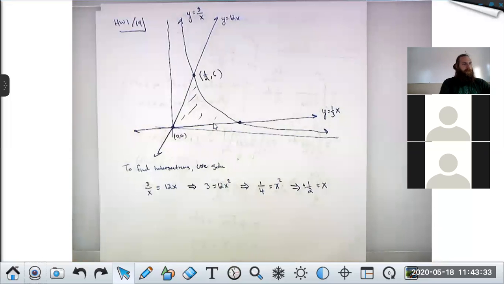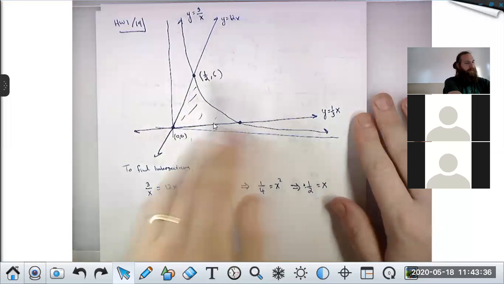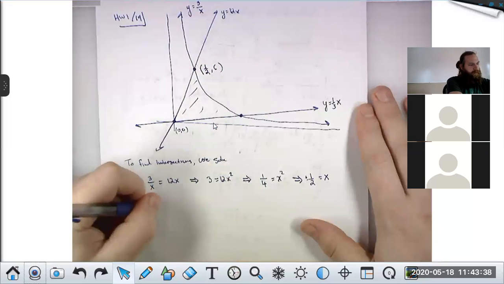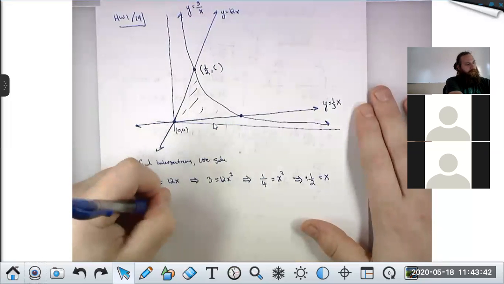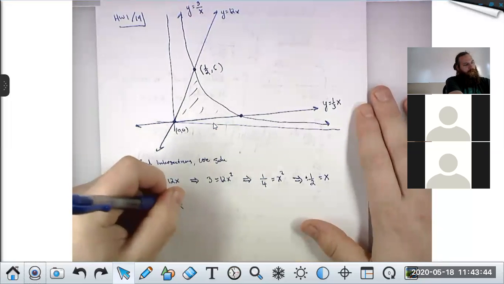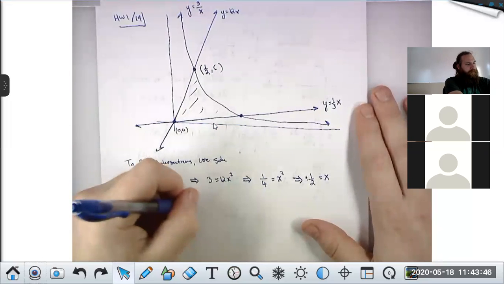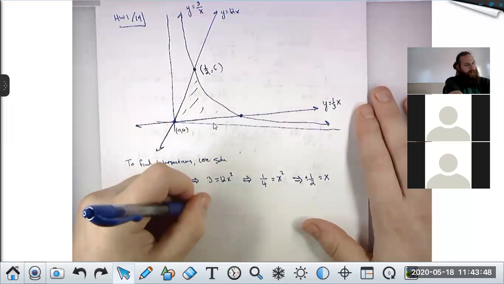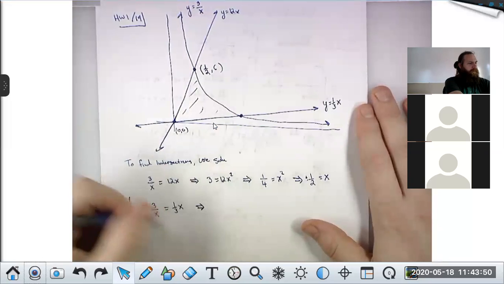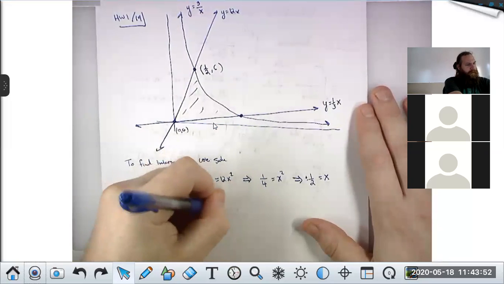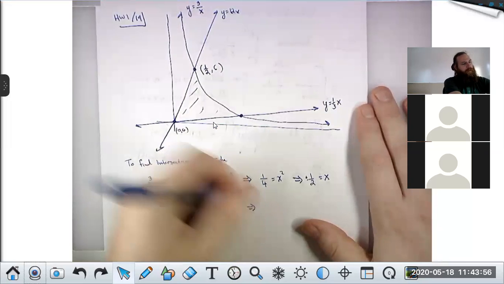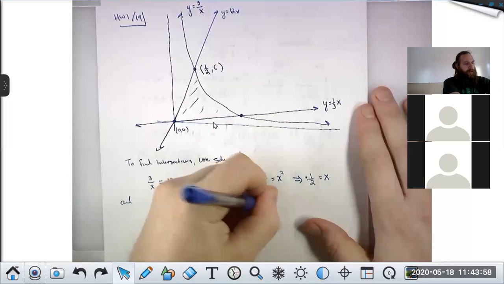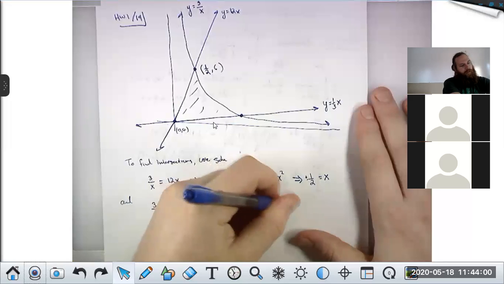And then I do the same thing, setting 1/3 x equal to 3 over x to find the other intersection point. And the same sort of thing, I'll multiply both sides by x here. I'll actually multiply by 3x, and that will give me 9 equals x squared, which tells me that plus or minus 3 is equal to x.